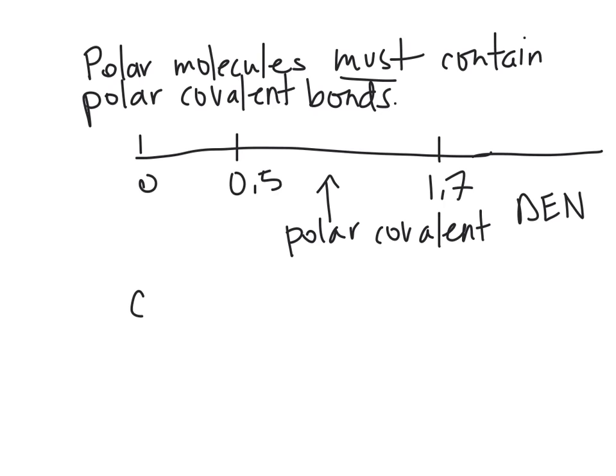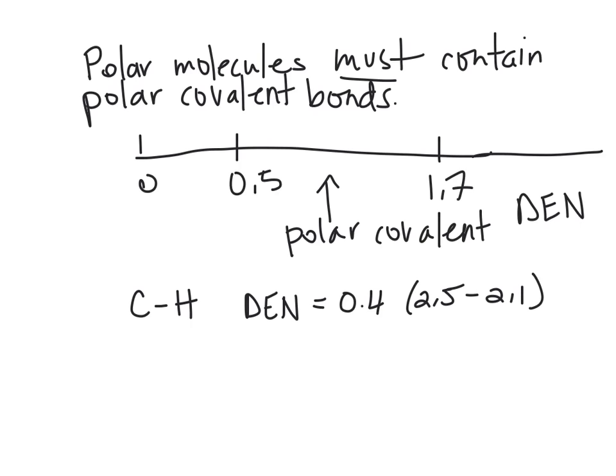So for instance, a carbon hydrogen bond has a difference of electronegativity of 0.4 because it's 2.5, the highest one, minus 2.1, the lowest one, which is 0.4. So if you contain just CH bonds and CC bonds, you're nonpolar.